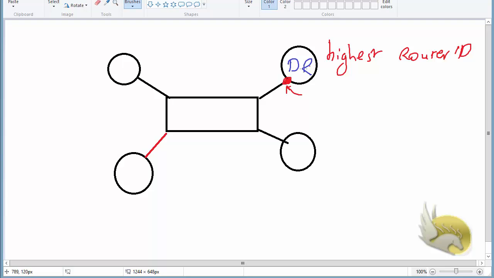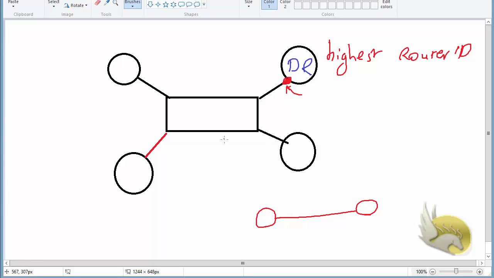Actually, this is designated router, but for this interface. If I have only 2 routers connected to each other, like this, one of the interfaces is going to be designated router, the other one is going to be backup, and it doesn't matter really which one is going to be designated router.